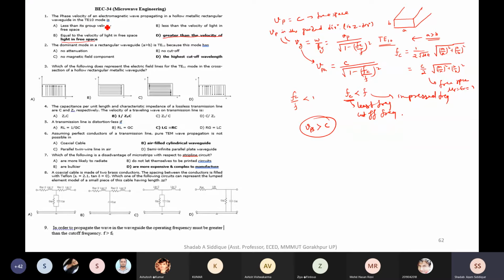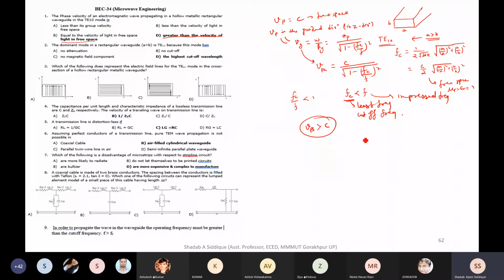You can go through any other mode also. So the answer is greater than the velocity of light in free space.